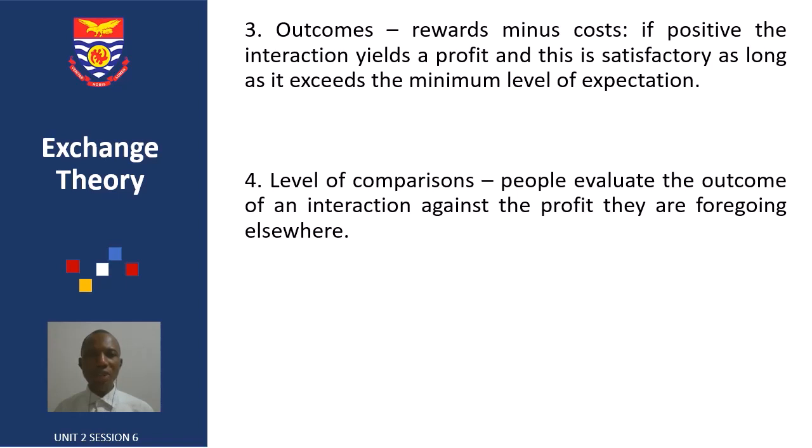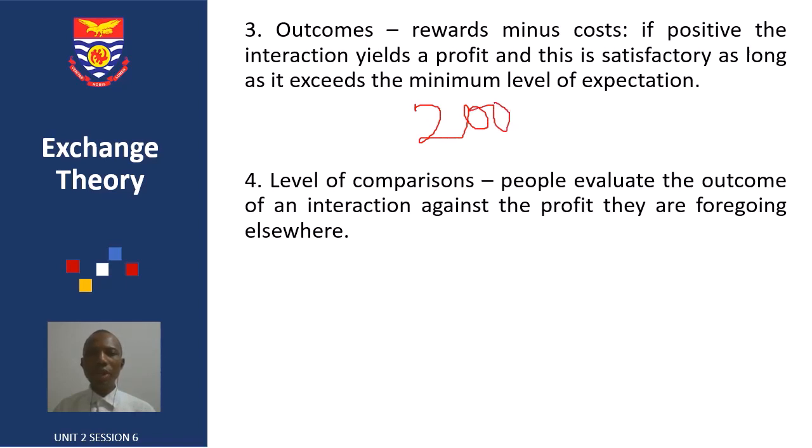You also look at the outcomes. Reward minus cost: if positive, the interaction yields a profit, and this is satisfactory as long as it exceeds the minimum level of expectation. Here, given the components of reward and cost, the organization must be able to know whether it is making profit or not. So the reward that you are giving is, let's say, 200.